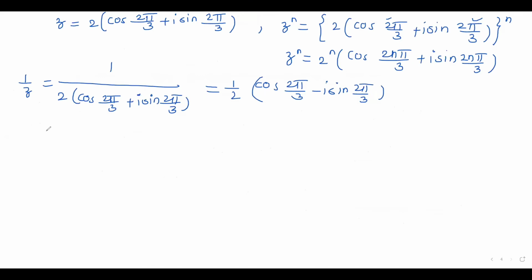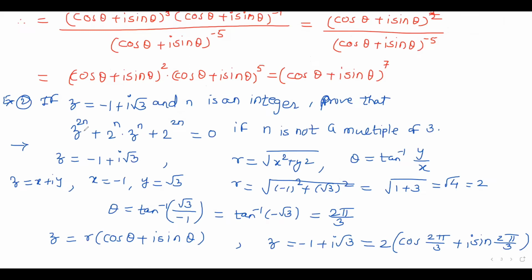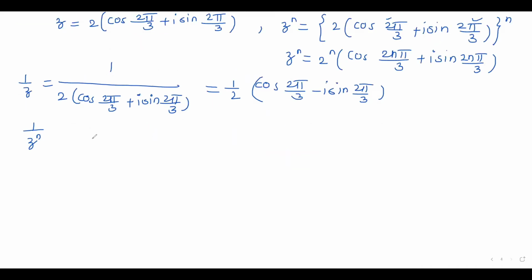And therefore, continuing, if 1 upon z is this, then I want 1 upon z raised to n. Why are we doing this? We have to show that this quantity z raised to 2n plus 2 raised to n into z raised to n plus 2 raised to 2n is equal to 0, right? So for that we are just finding the terms. 1 upon z raised to n will become 1 upon 2 raised to n, because this also will be raised to power n, just as it happened here.